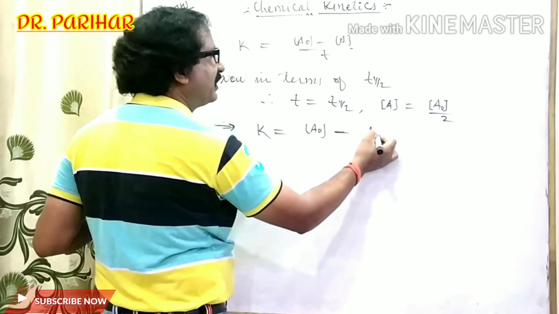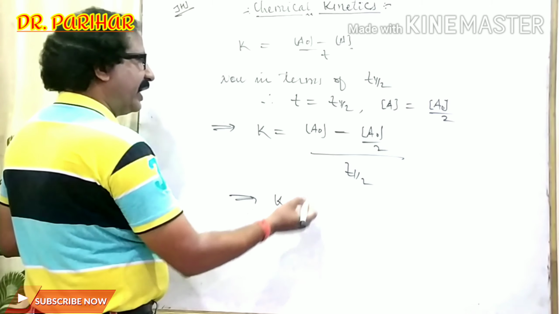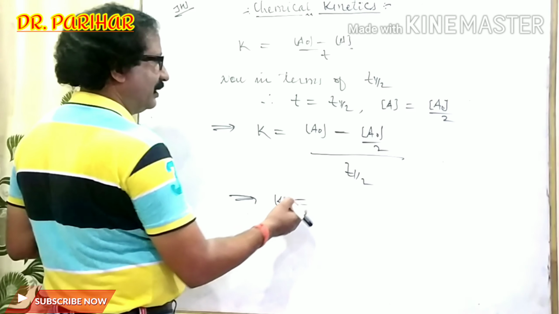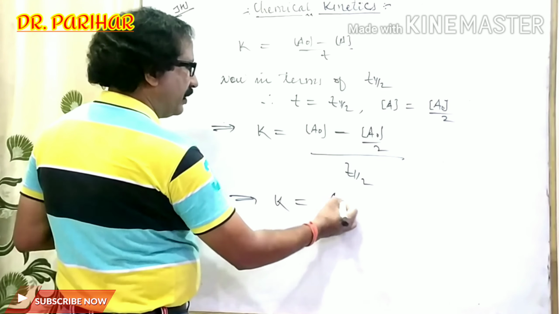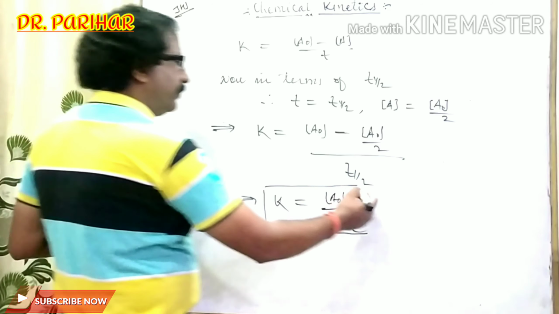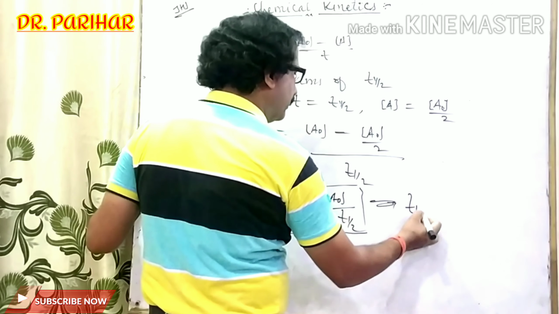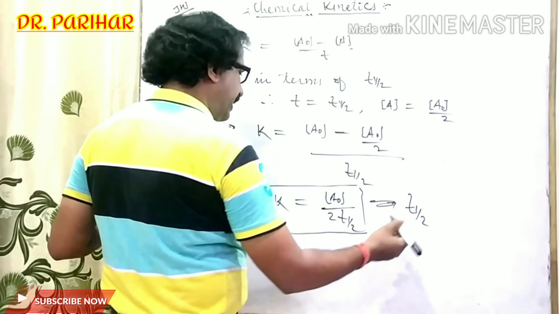Okay, which implies K is equal to initial concentration upon 2 into T half. If half of the initial concentration goes, half remains, into T half, which implies T half is equal to initial concentration upon 2 into K.